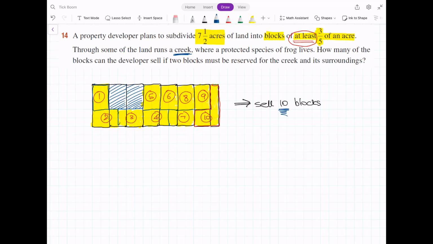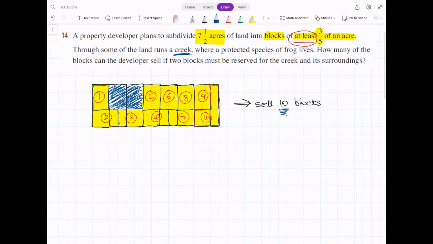So let's jump in. First of all, if we want to see how many blocks we can sell, I think we first need to calculate the available amount of the land, taking account of the fact that we had to reserve 2 of the blocks for the creek.